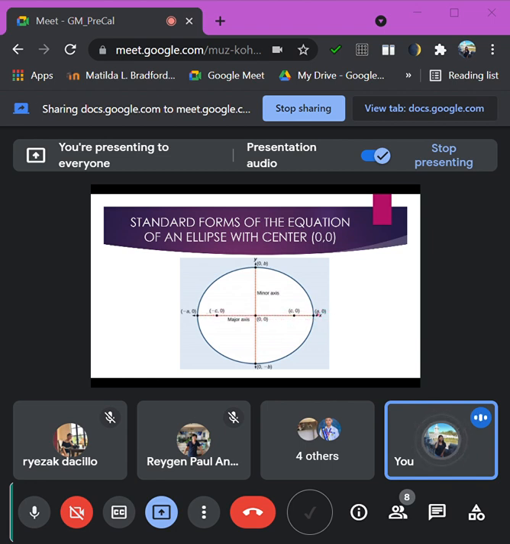For the vertex, we have A, 0, and for the other vertex, we have negative A, 0. And then our B is already your co-vertex. So for your co-vertex, you have 0 and then B, and the other one is 0 and negative b. Okay, so if we look at that in a graph, that is how it looks.